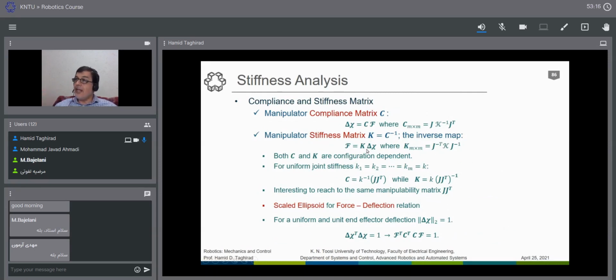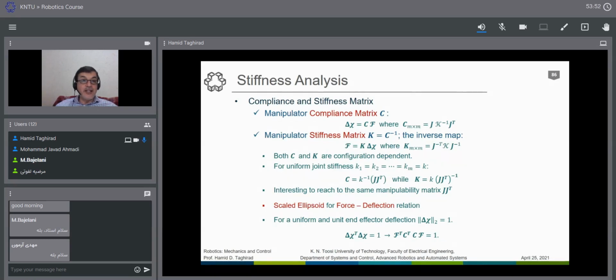And the issue is that we have somehow Jacobian transpose in here. Now consider that all the joints have used the same harmonic drive, or consider that the K_i's are all equal to each other and equal to K. If this is the case, then we have C equal to K minus 1 times Jacobian transpose. Do you remember this? Anybody has some idea about Jacobian transpose?